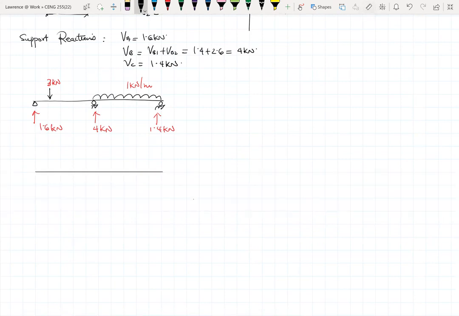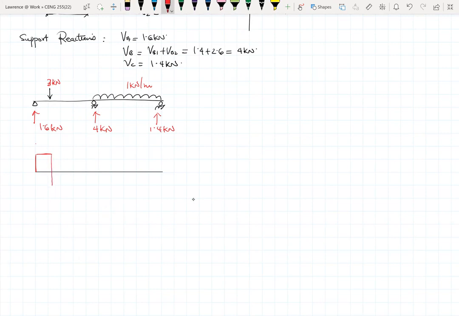So it starts off and goes to 1.6. Then between that point and the load, it comes down to minus 1.4, and it maintains that minus 1.4. 1.4 should be smaller than 1.6, right?